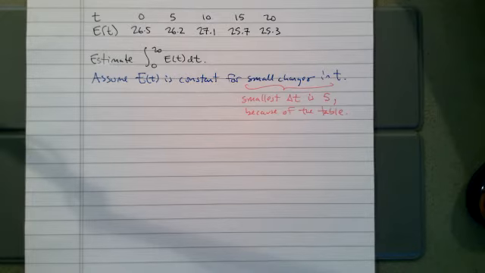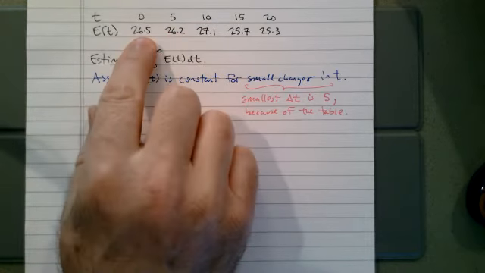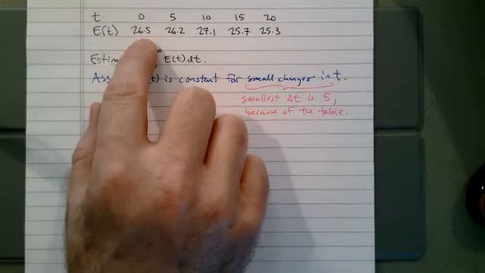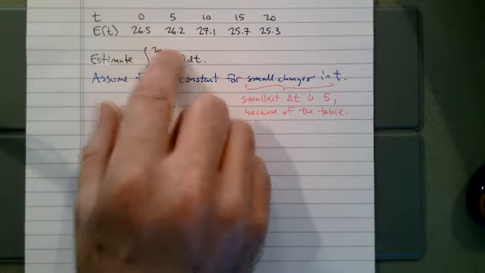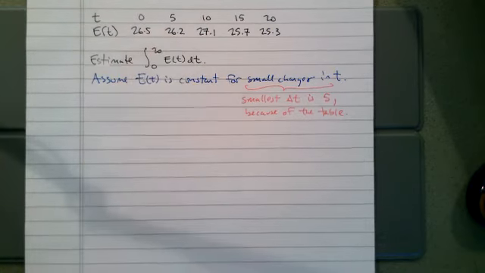So one way we can do this is with the left-hand value. I can take this first rectangle, and I can either use the 26.5 or the 26.2. The 26.5 is going to be the left endpoint, and then the 26.2 will be the right endpoint for that first rectangle.